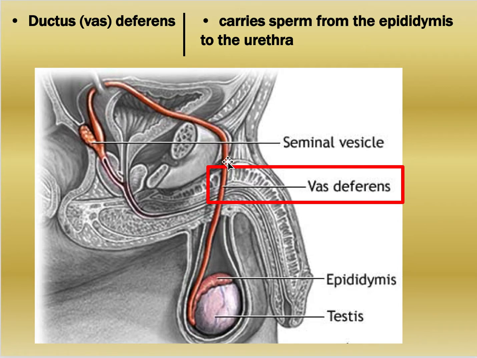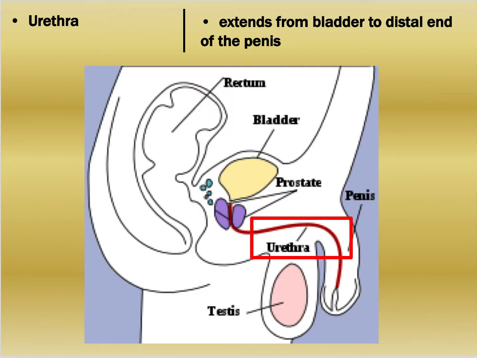You have the vas deferens here that's going to connect into the urethra, and therefore it goes out the same exact pathway as urine would go. And as far as your Edpuzzle, we'll talk about some of the things that happen in order for you to prepare for that. Okay, so urethra, we know what that is.